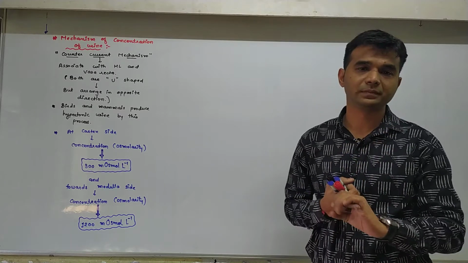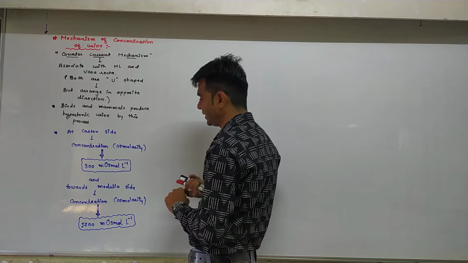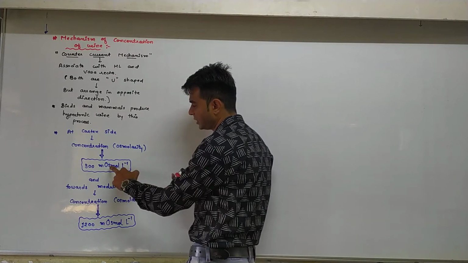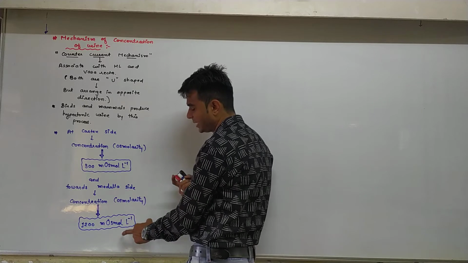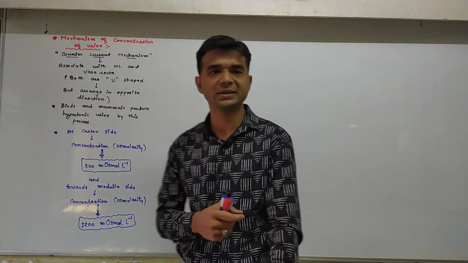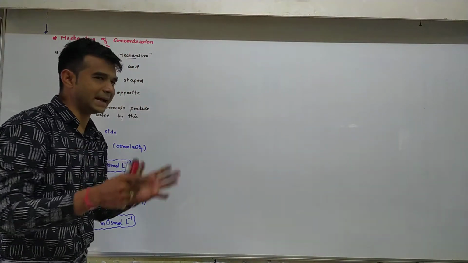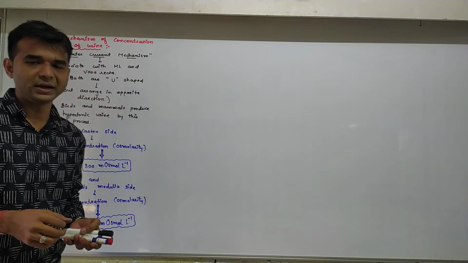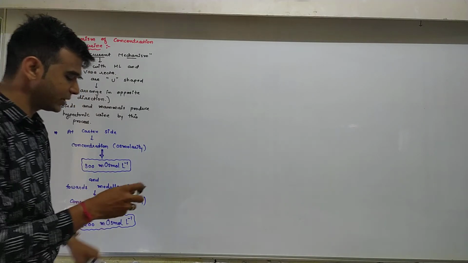In 1 liter of solution, 300 osmolarity is there, and towards the medullary region, 1200 milliosmol per liter concentration is there. Yesterday I drew that diagram at the end of the lecture. The same diagram, I can draw right now.